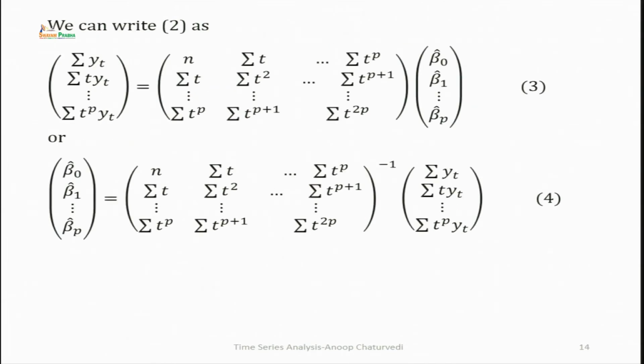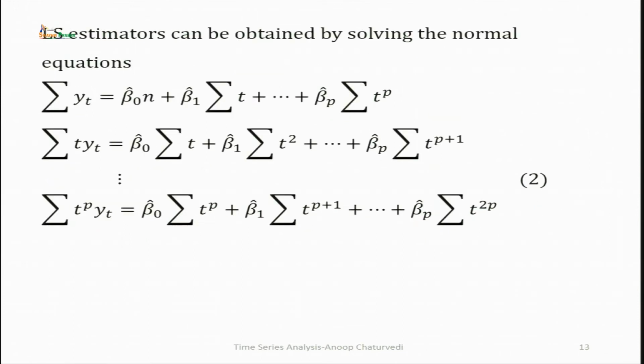Now, we try to write down all these equations in matrix form. So, what we do? We form a vector with all these elements as components.